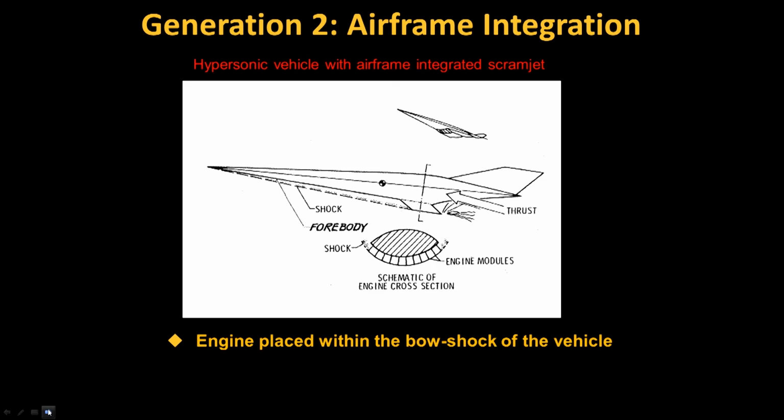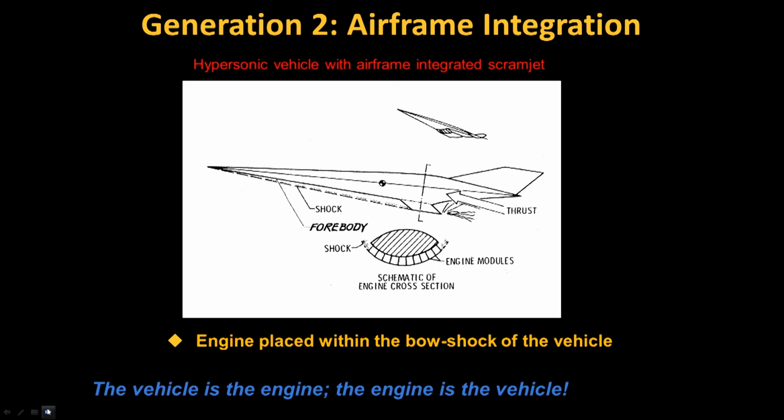So this means that the vehicle is doing some of the compression needed by the engine. In this type of configuration, the external drag of the engines is only a small addition to the vehicle drag. The best way to characterize this type of design is that the vehicle is the engine and the engine is the vehicle.